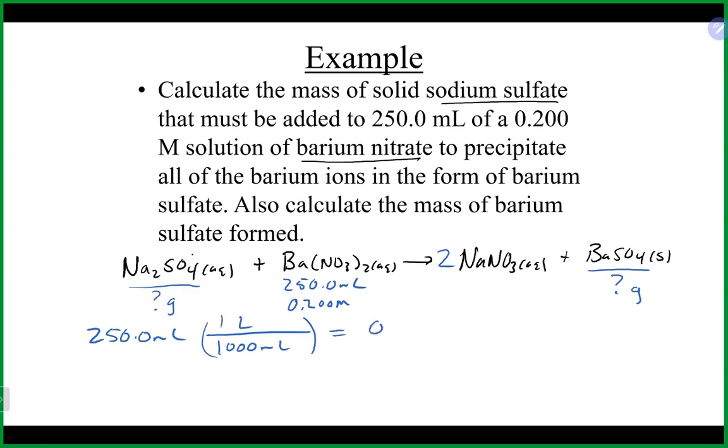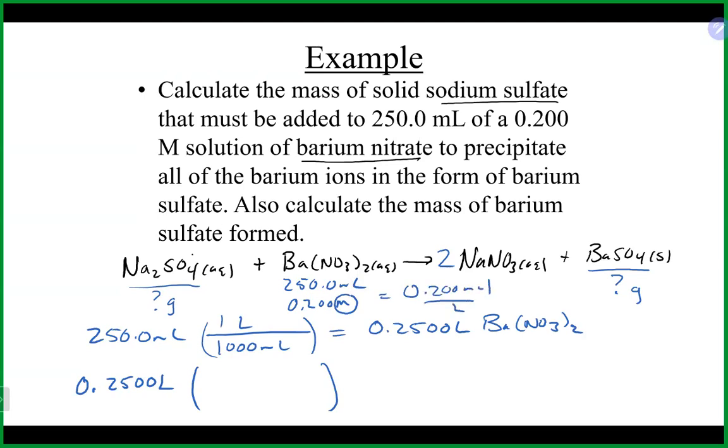And that will get us 0.2500 liters of barium nitrate. So I'm going to use that 0.2500 liters. I'm also going to get rid of this big M and turn it into moles per liter so I can see both of the units there. That means up on top is the 0.2 moles per liter of barium nitrate.